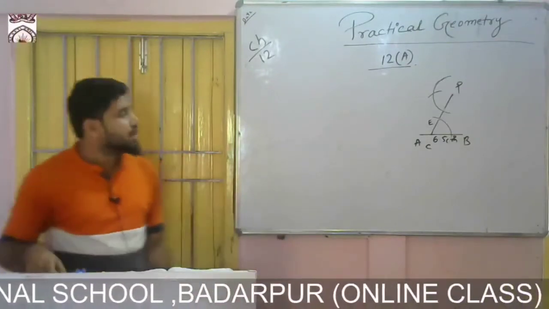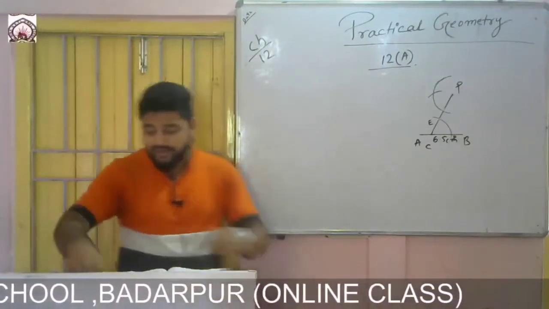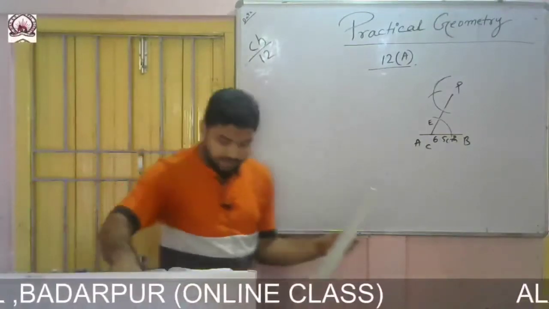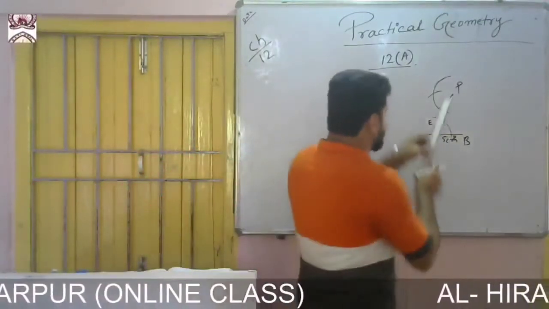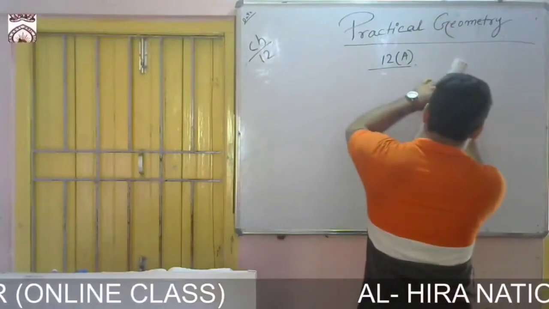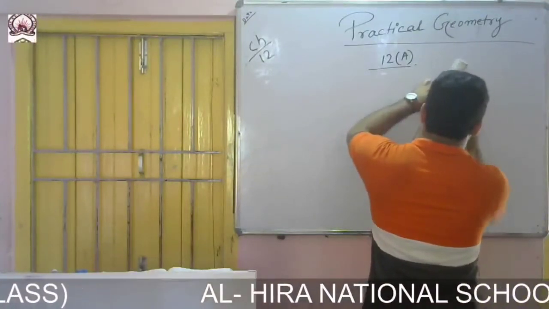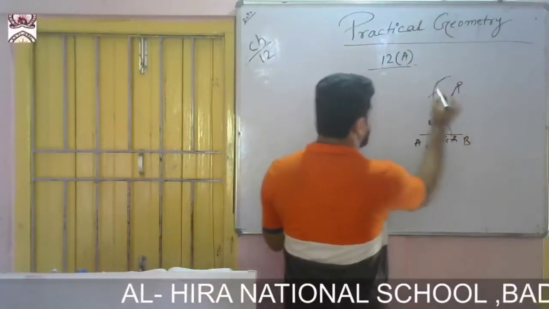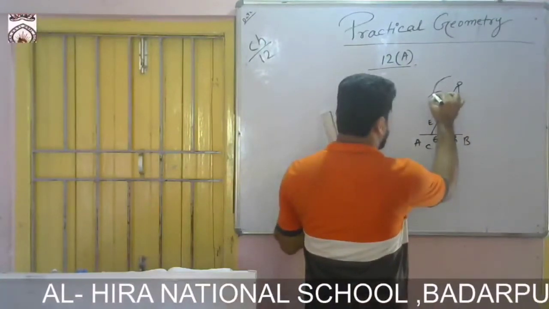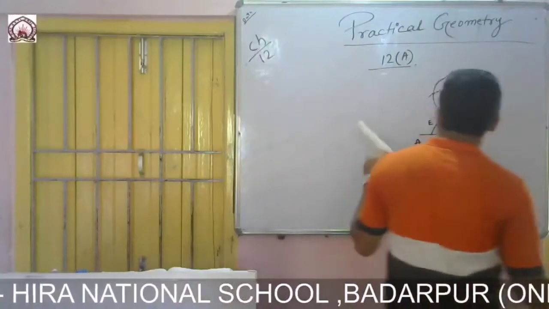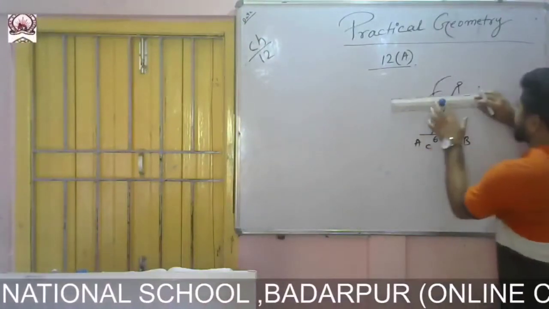Now if you join this line, you'll get the parallel lines. Now this point of intersection, you join, you'll get the parallel lines.